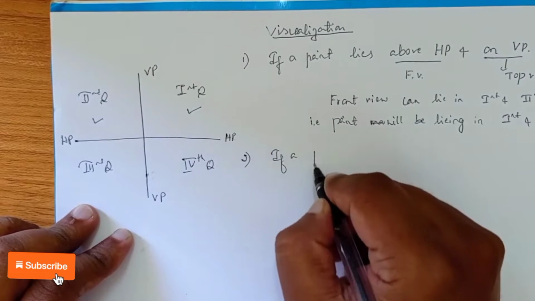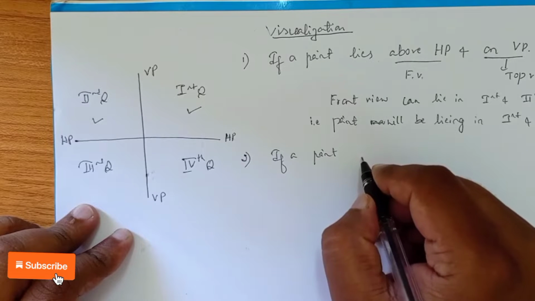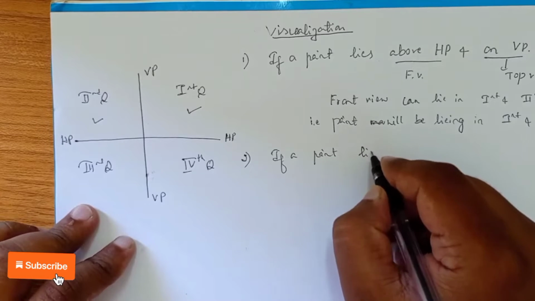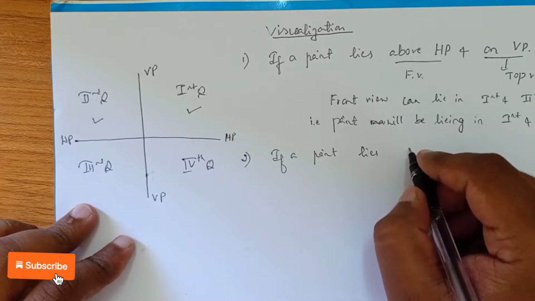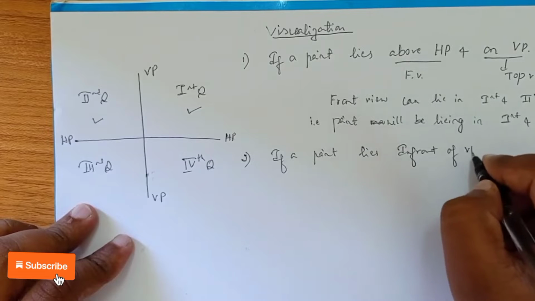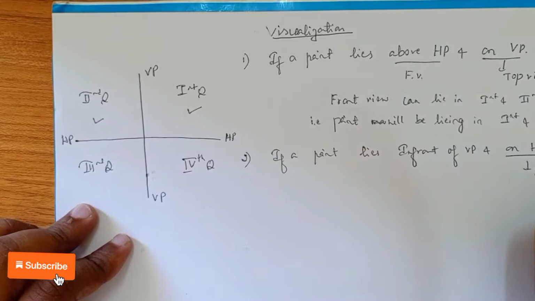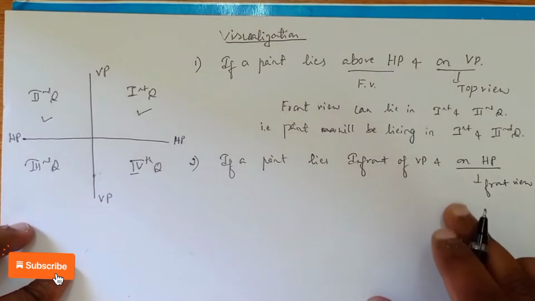If a point lies in front of VP and on HP, we know that on HP means it is a front view.